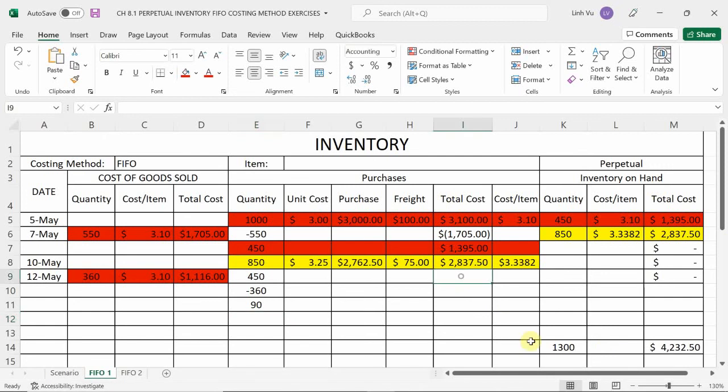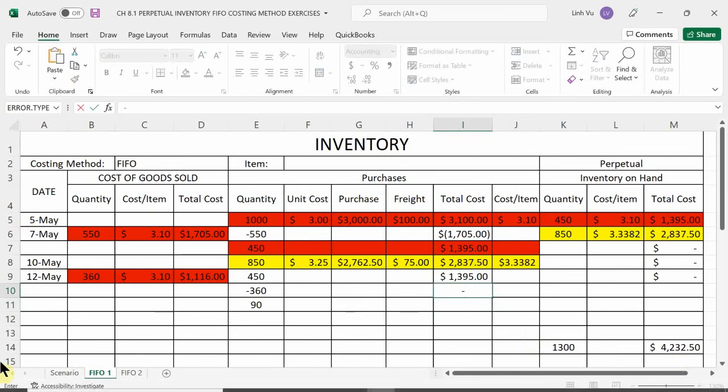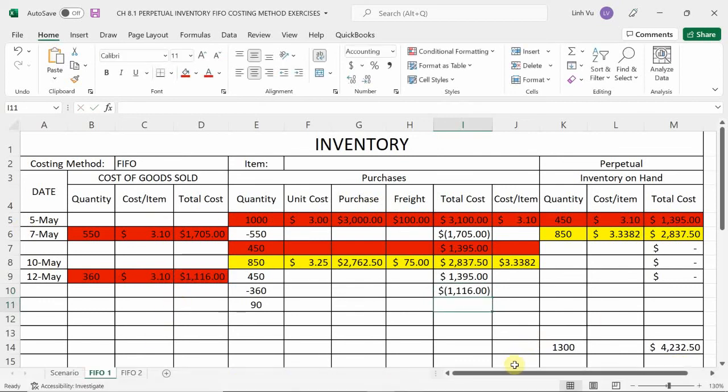Now my 450 originally cost me $13.95. I'm going to subtract out the 1116 to give me my grand total cost of $279. Again, this was my red batch.